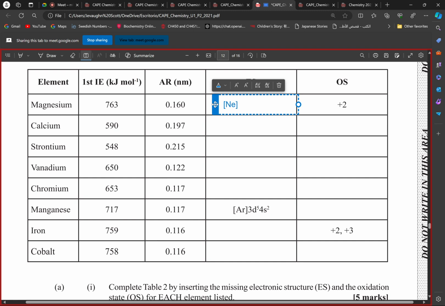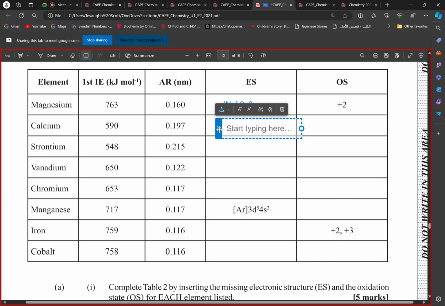And then we continue with 3s2. Calcium would be what? Argon, then 4s2. And what would the EC of strontium be?